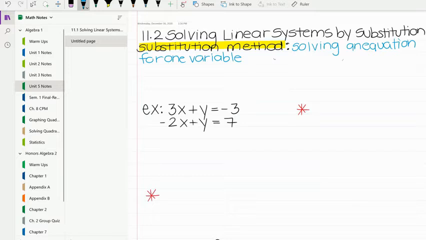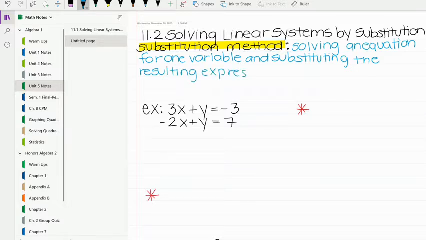So solving an equation for one variable and substituting, which is almost like replacing the resulting expression into the other equation. The best way to see this is actually to do a problem. Essentially, we're going to solve an equation for one of the variables, and then whatever we get as that resulting expression, we plug it into the other equation for that variable.